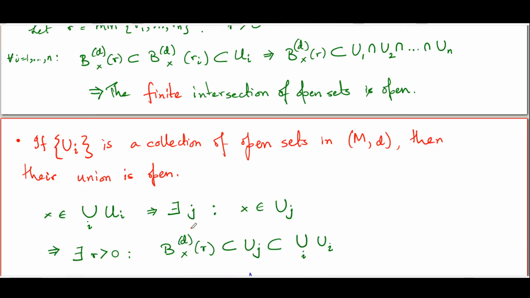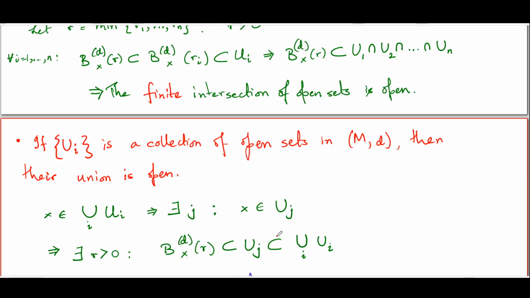And therefore, x being an element of this open set uj must be an interior element, and therefore there has to be a positive r such that a ball of radius r centered at x must be contained entirely within uj. But this ball will then be contained definitely within the union of all the ui's, which contains uj as an element.